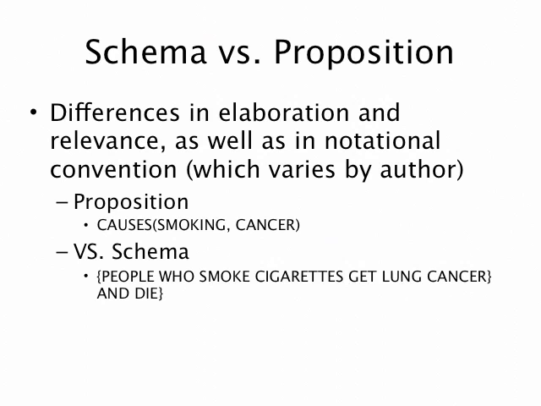Everything is inside the bracket. I've made my brackets wrong, but just ignore that one after the word cancer. So the schema here would be people who smoke cigarettes get lung cancer and die, the entire schema. Obviously that relies on a lot of subsidiary propositions. One of them might be that smoking causes cancer.